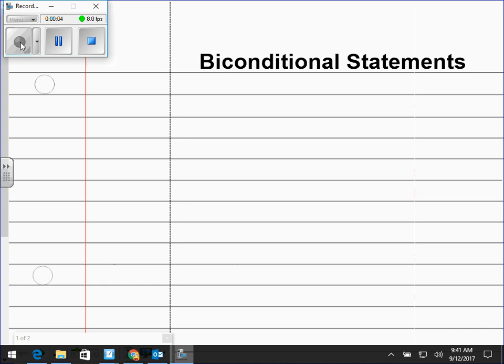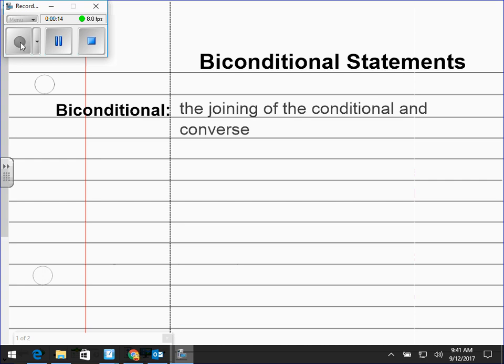All right, so here are your notes on the biconditional statement. First of all, we need to talk about what exactly is a biconditional. A biconditional is the joining of the conditional and the converse.